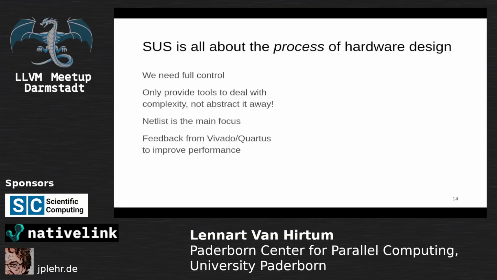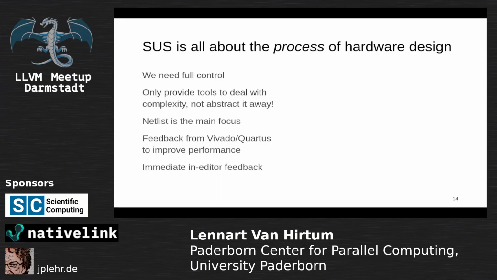So we need to use Vivado and Quartus, and we need to work with them. Finally, something I've noticed about many of the competing languages is they don't tend to have all that great developer experiences.